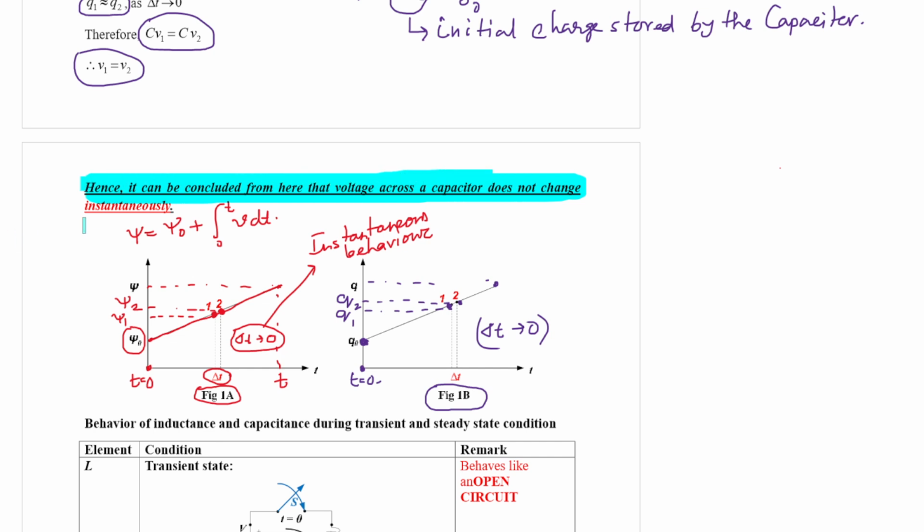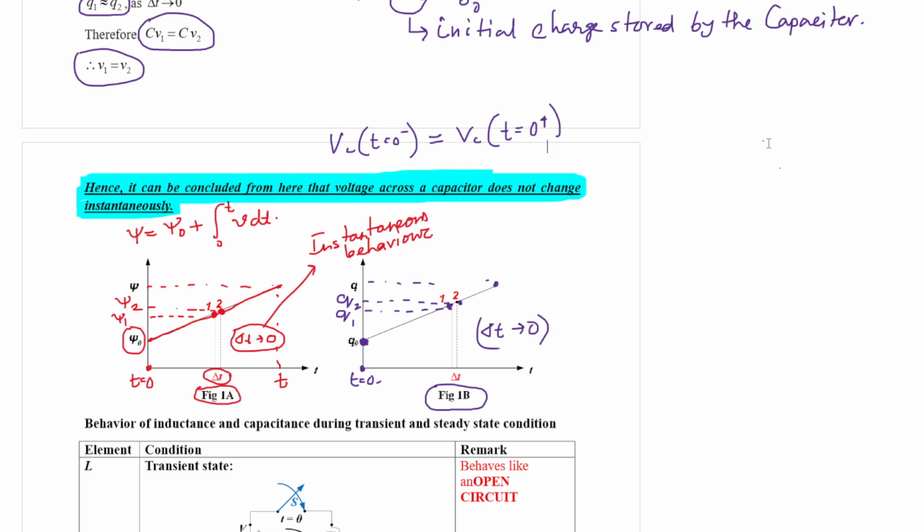We write in this fashion: Vc at t equal to 0 minus is equal to Vc at t equal to 0 plus. So instantaneously the voltage does not change.